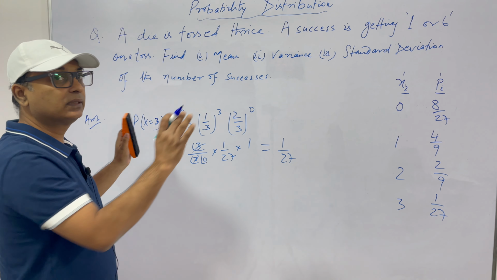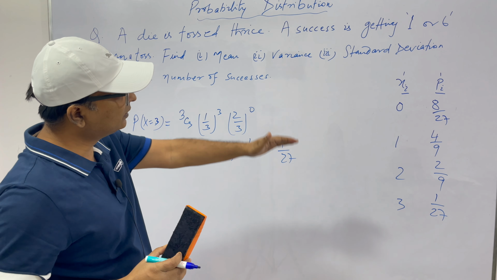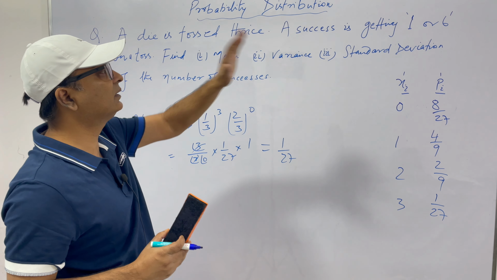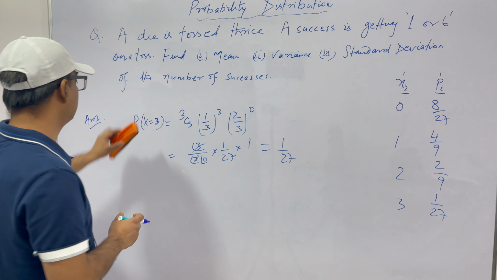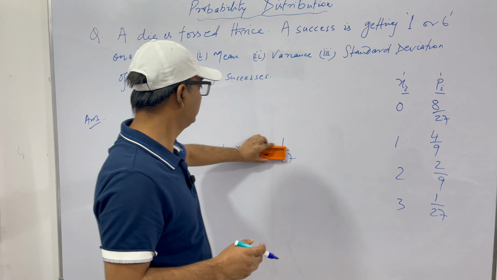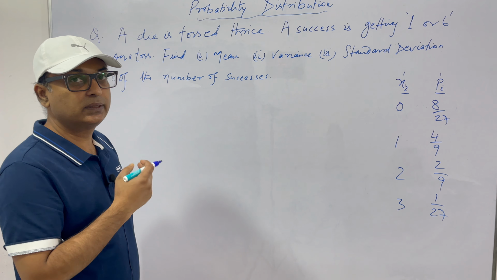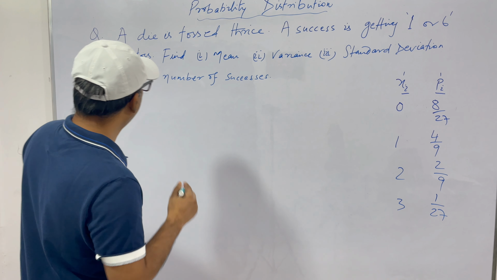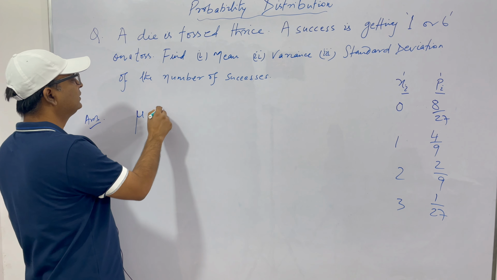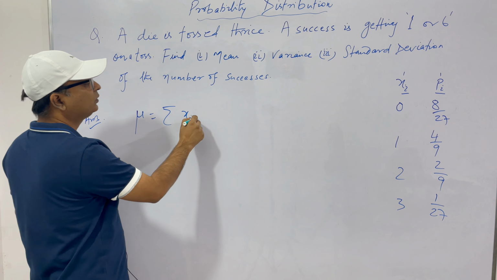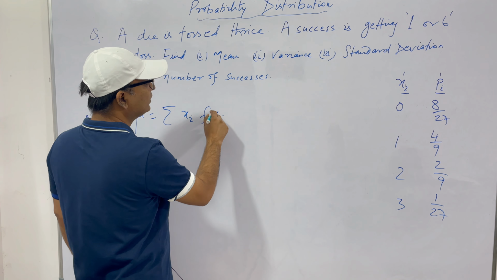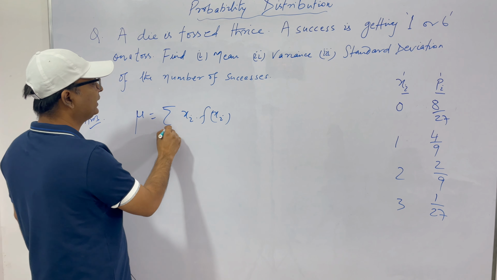Now this is the first part. From the probability distribution we can find the mean, variance and standard deviation. How? Now I am doing. I had told you in the last lecture what mean is. Mean is xi into f(xi), that is what we call pi, that is xi into pi.